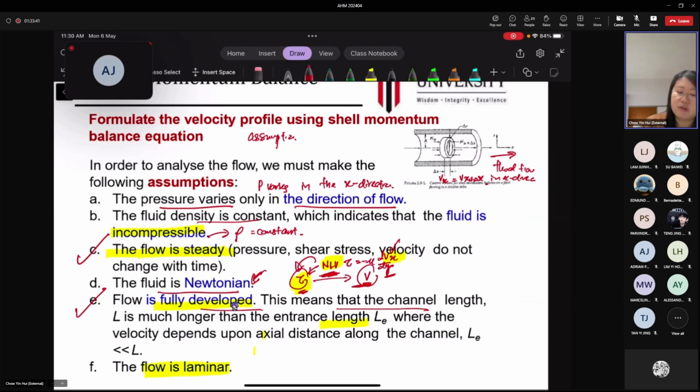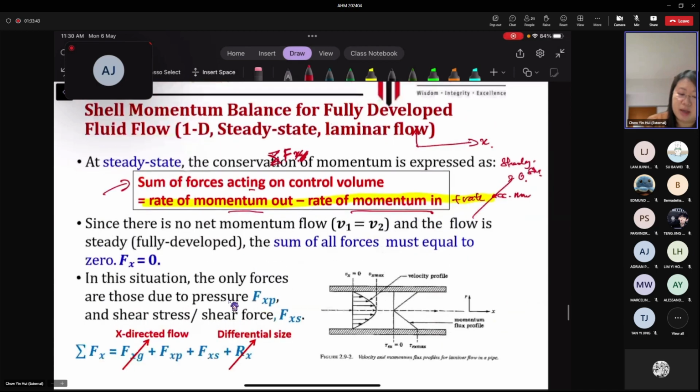If that's the case, the rate of momentum out is expressed as, because mass flow rate is constant, m v2 minus m v1. If v1 and v2 are the same, this whole term is cancelled out, the reason being that this is a fully developed flow.